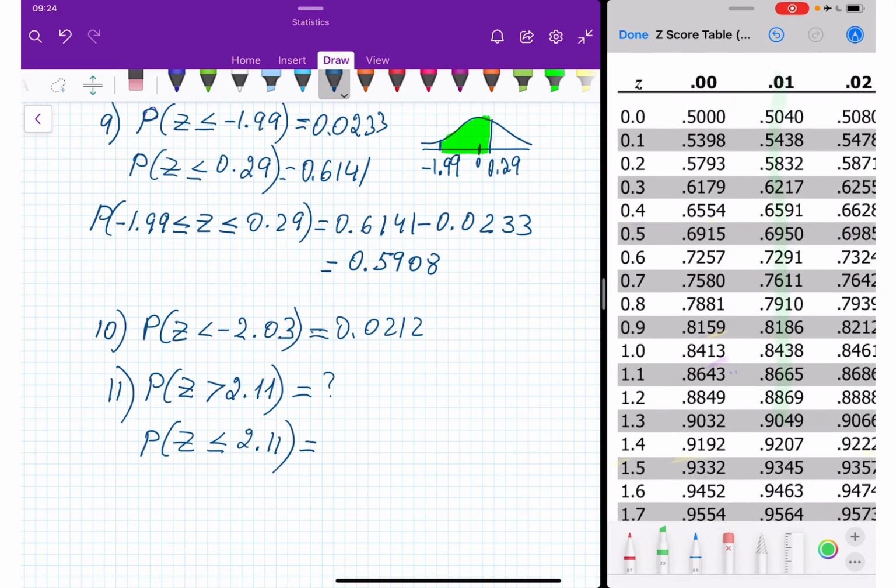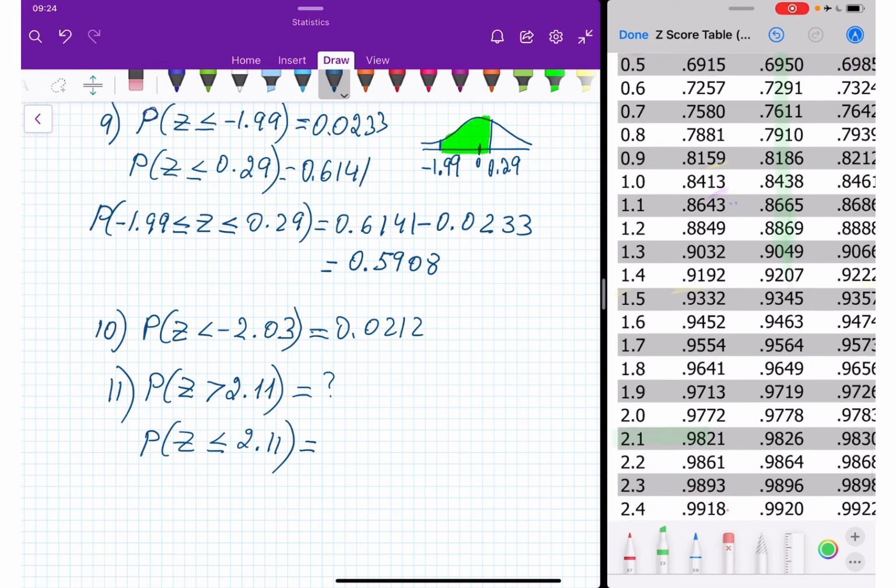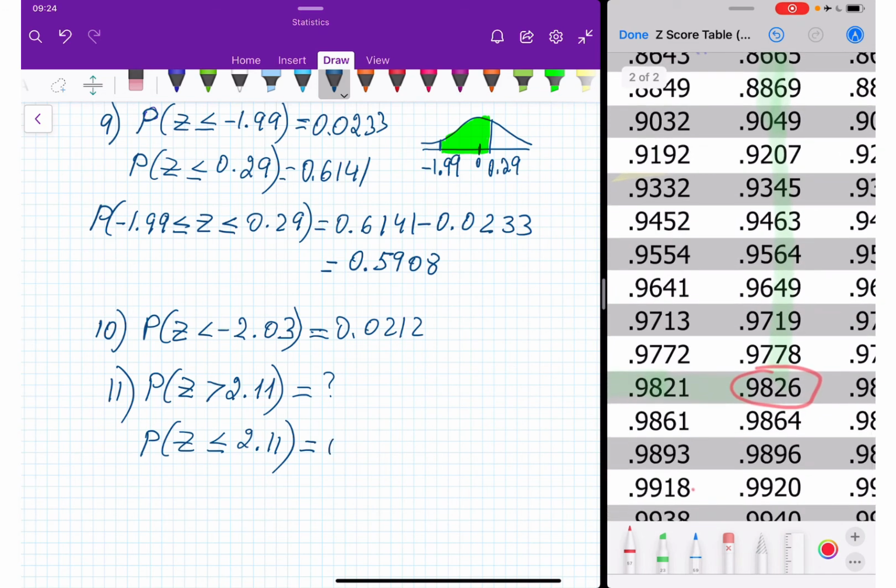It's right here: 0.9826. So probability z-score greater than 2.11 will be equal 1 minus 0.9826, which is equal 0.0174. Okay.